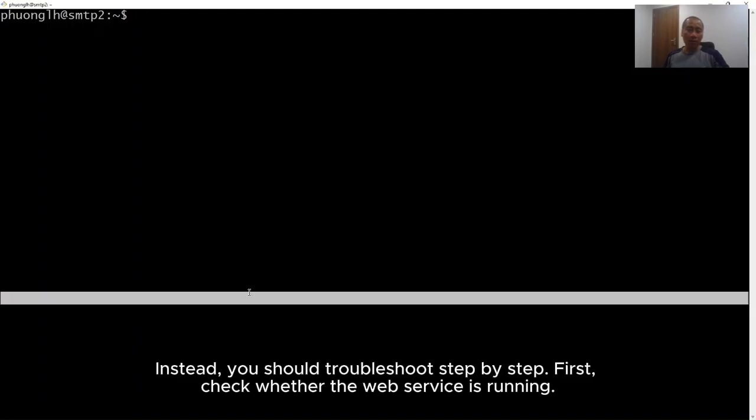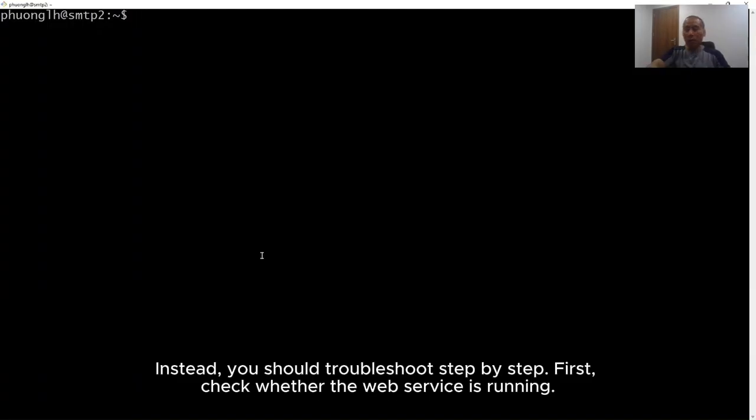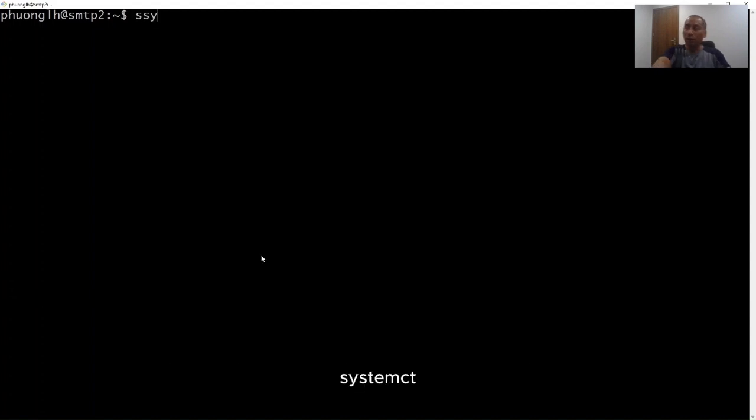First, check whether the web service is running with systemctl status for the web service.